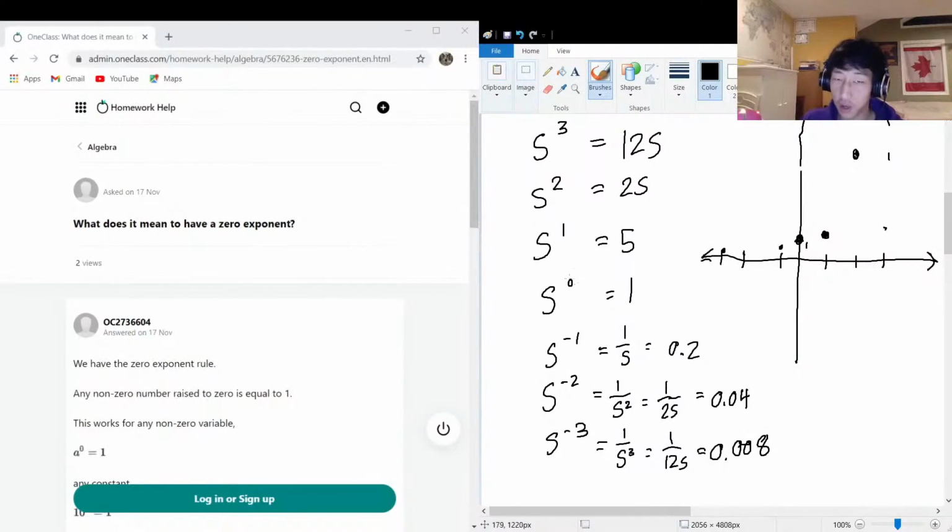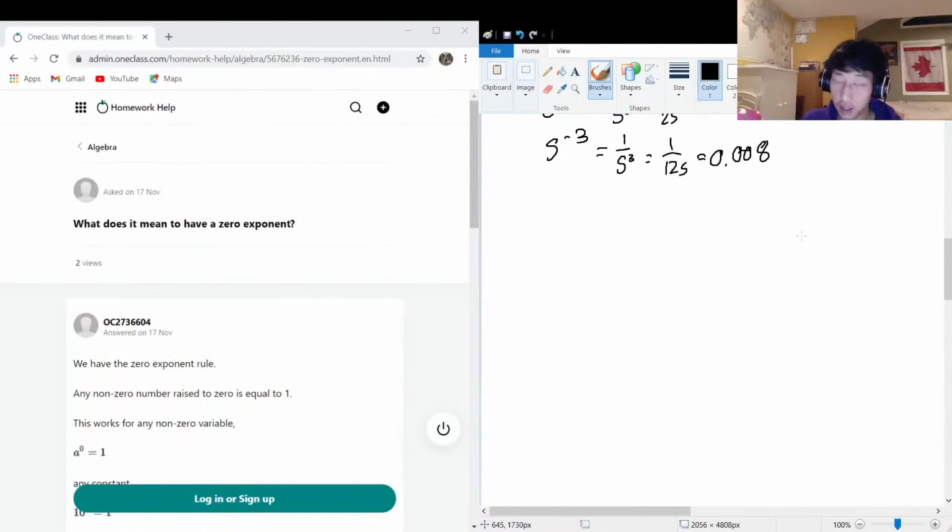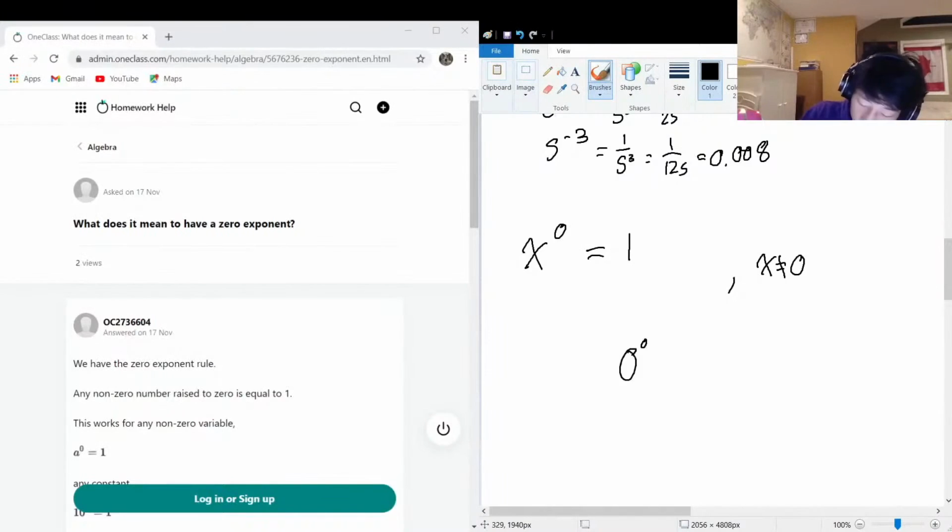Okay, so just know that x to the power of 0 is equal to 1 so long as x is not equal to 0. And that's always the case. And if you ever get 0 to the power of 0, this is not a real number.